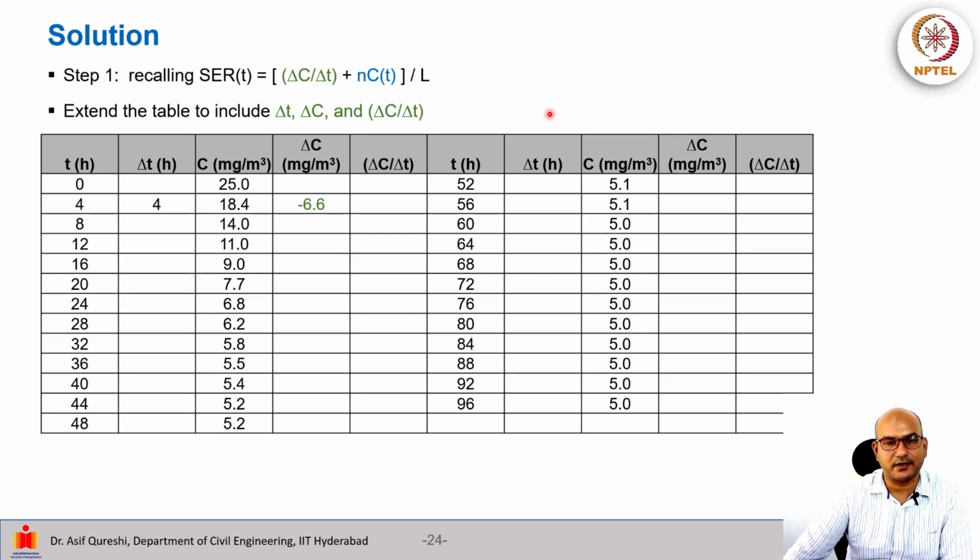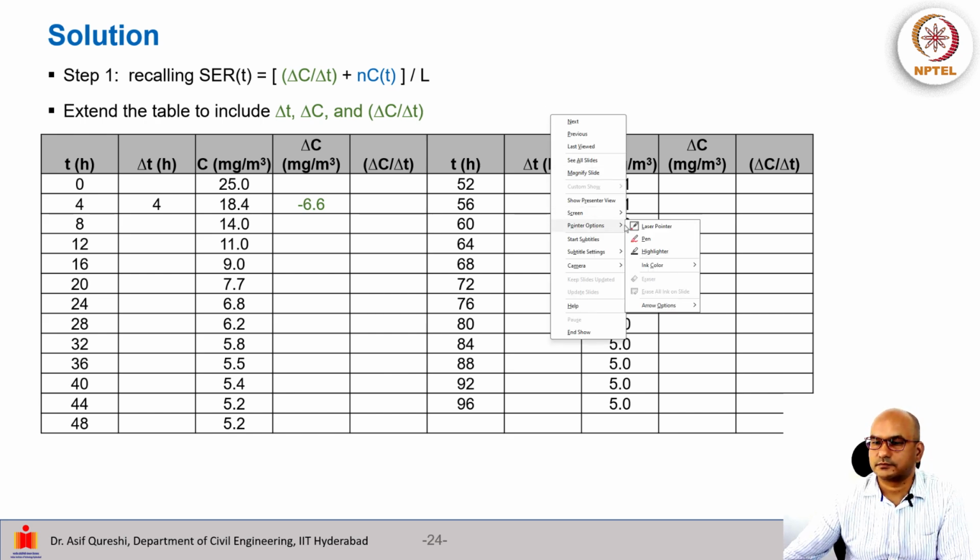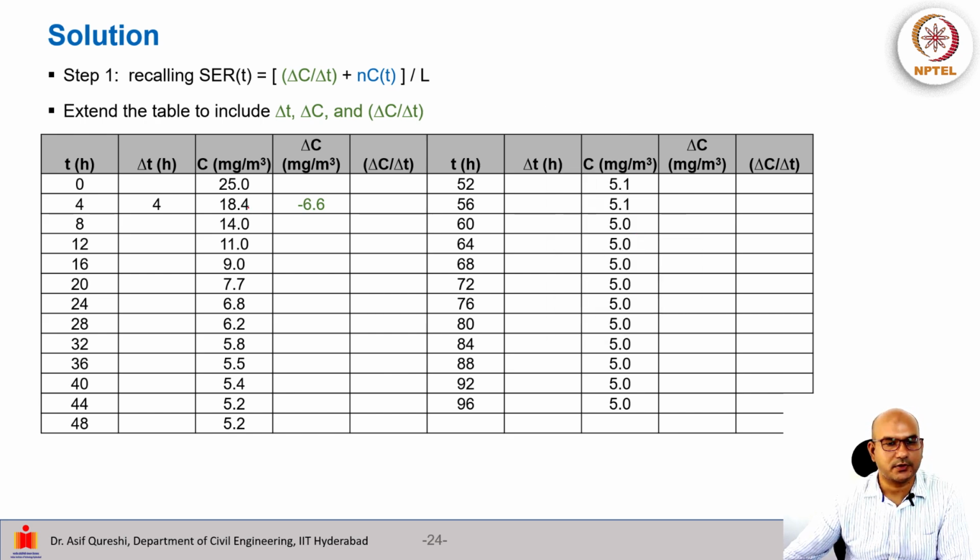So then we can go ahead and calculate this value. So 18.4 minus 25.0, this is minus 6.6.